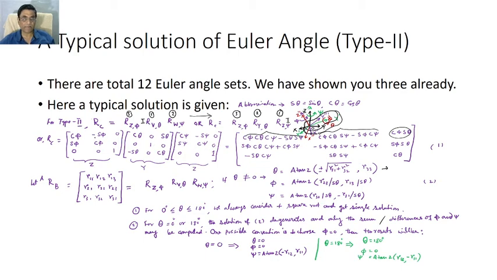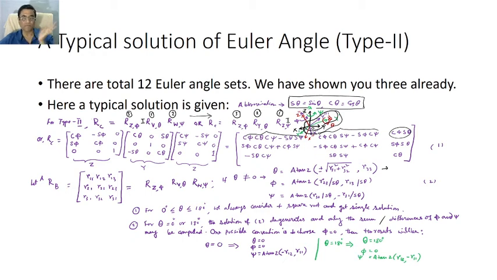So these are the three individual matrices corresponding to this sequence, and when multiplied you get this. This is the abbreviation we are taking: sine theta equal to s theta to save space, and cos theta equal to c theta. With that, we have got our so-called composite rotation matrix.